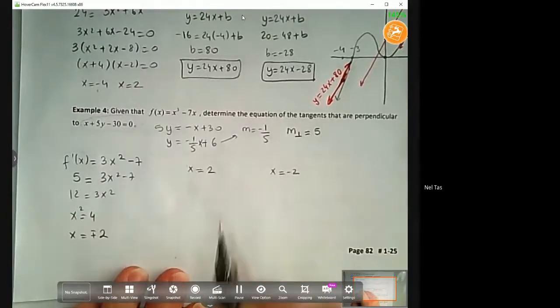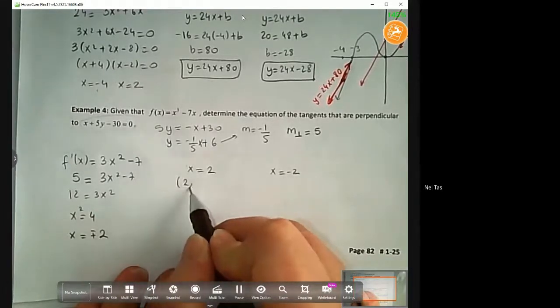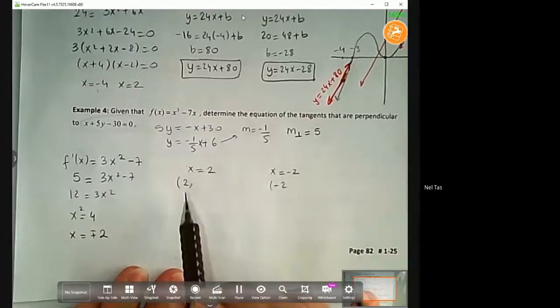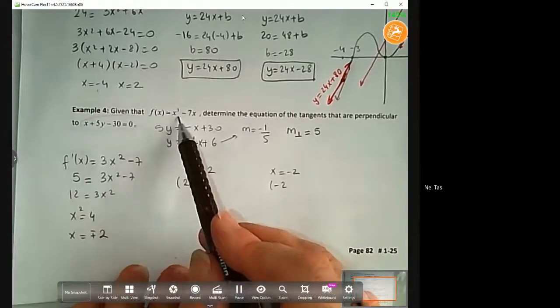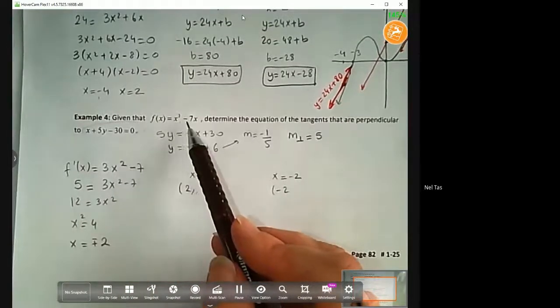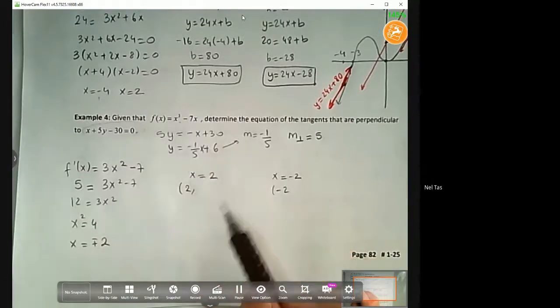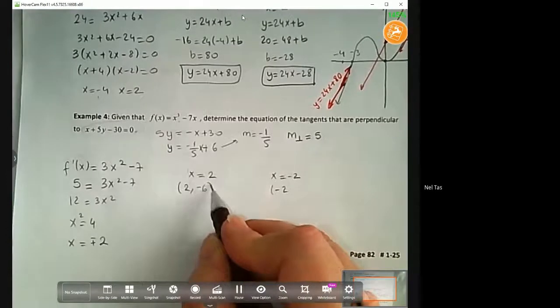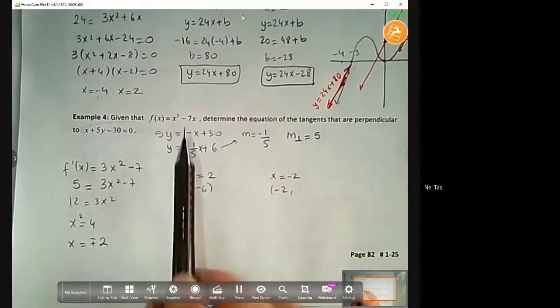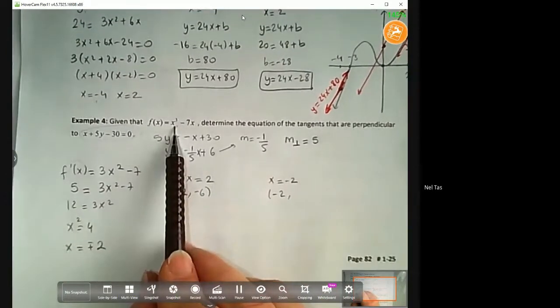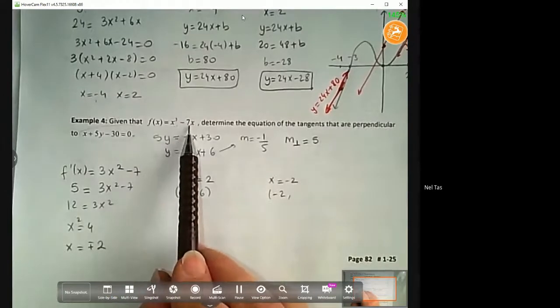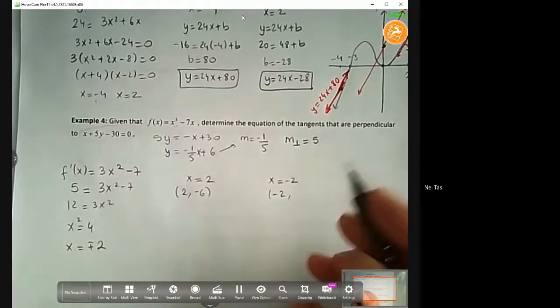So we need the y coordinates of those points. Sub in 2 cubed is 8 minus 7 times 2 is 14. We get negative 6. Negative 2 cubed is negative 8. Negative 7 times negative 2 is positive 14. Gives you 6.